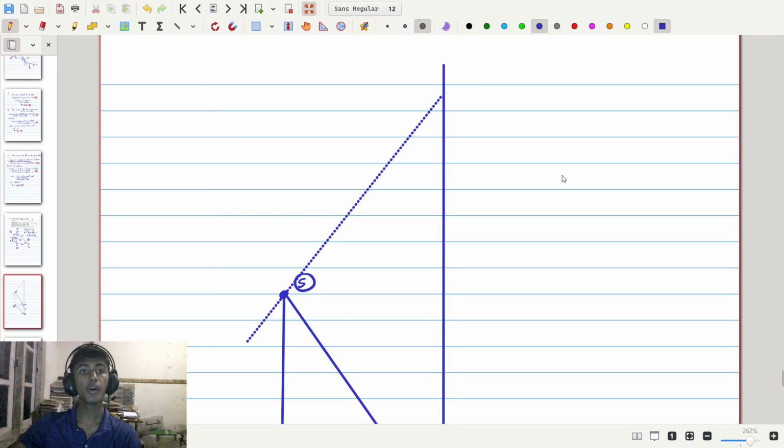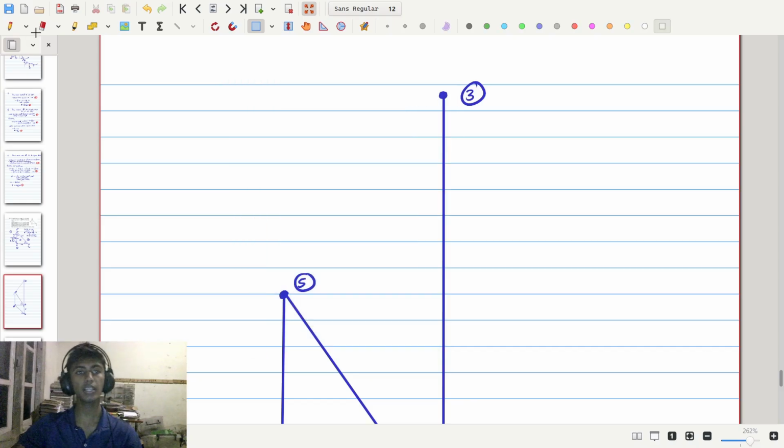So therefore this point must be the point corresponding to region number 3. I can erase the dotted lines and also this extra part of this line, and then mark the point 3 like this. So the point corresponding to region number 3 is this point right here.